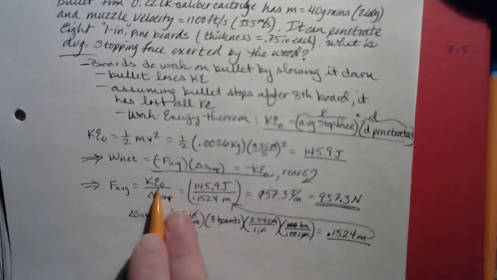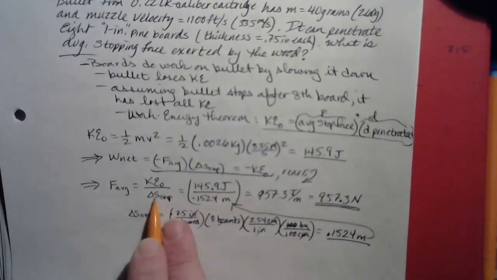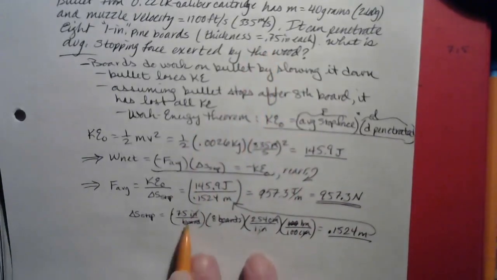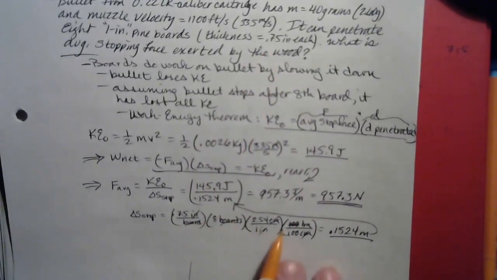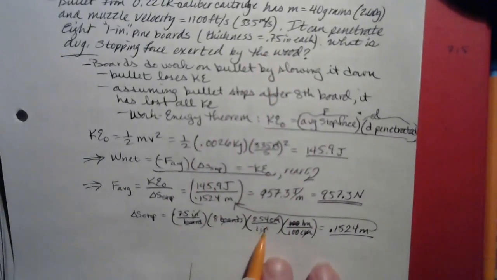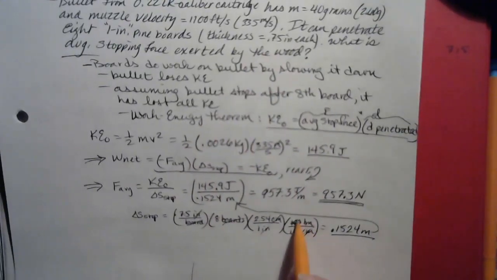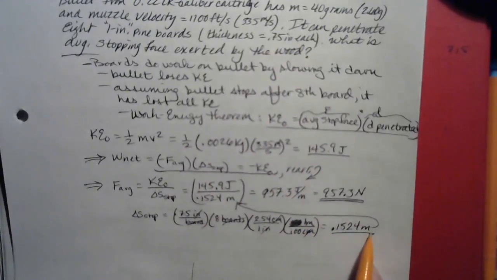So the original kinetic energy was 145.9 joules, and the stopping distance was 8 times 0.75 inches, but that doesn't help us very much because we need that in meters. So it's 0.75 inches times 8 boards times 2.54 centimeters per inch times 1 meter per 100 centimeters, which gives us a distance in meters of 0.1524.